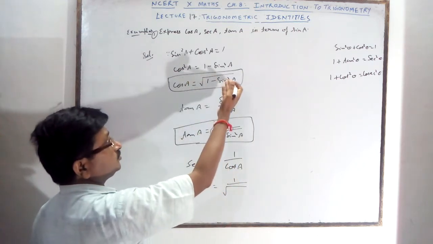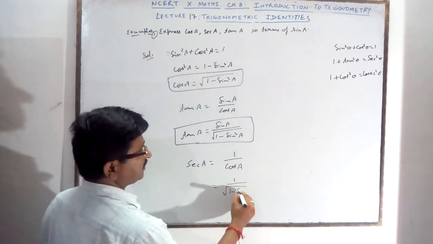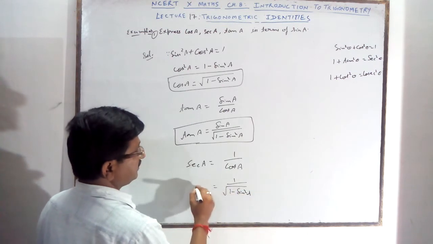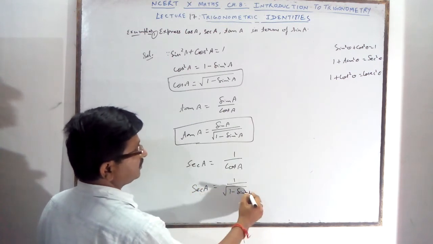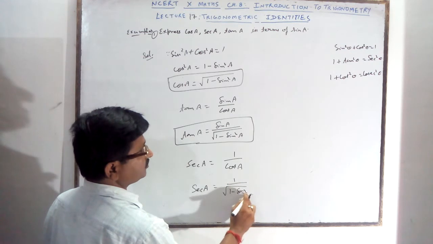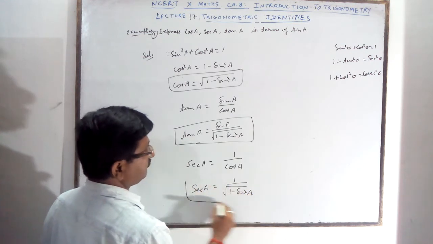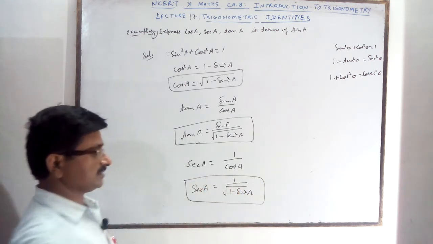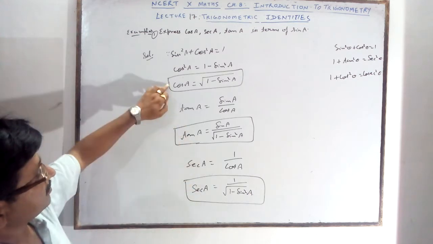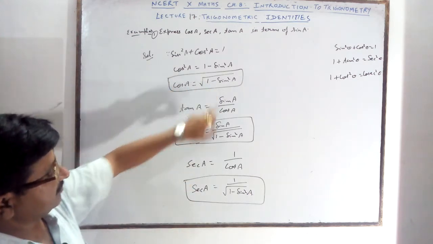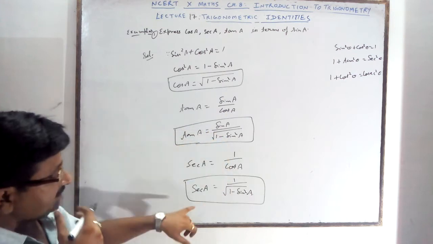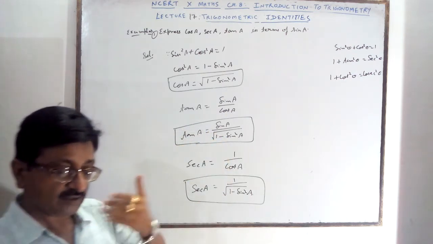Cos is changed to sin. Here you write 1 upon under root 1 minus sin square A. It is your sec A. So any trigonometric ratio you can write in the form of any other, not only sin. Here we have cos in terms of sin, tan in terms of sin, and sec in terms of sin.